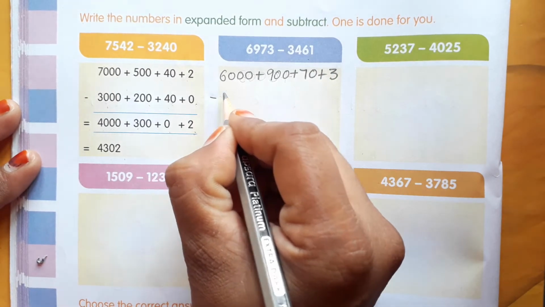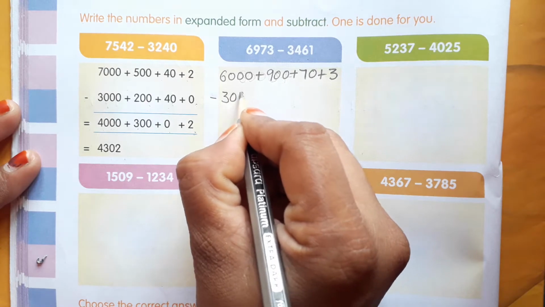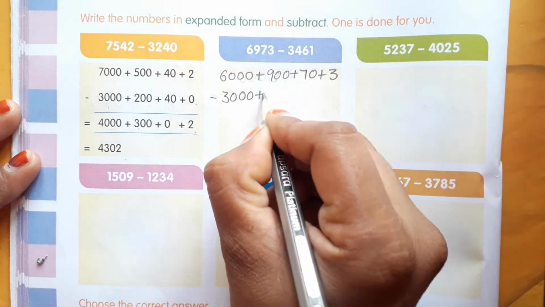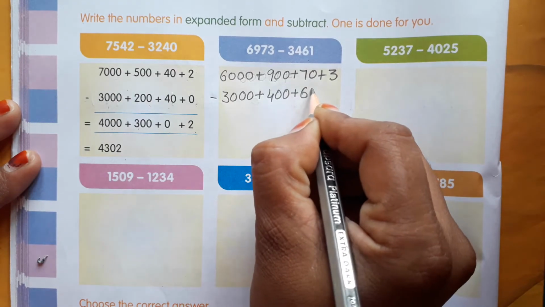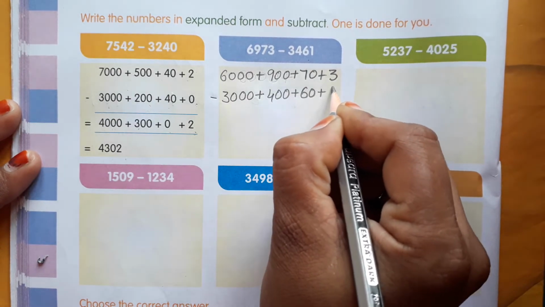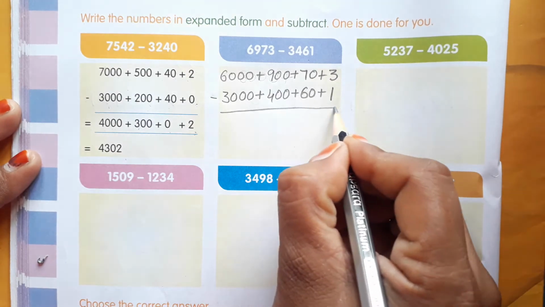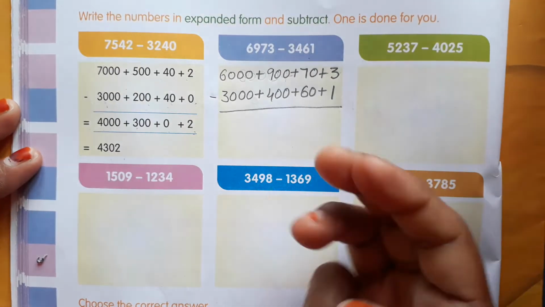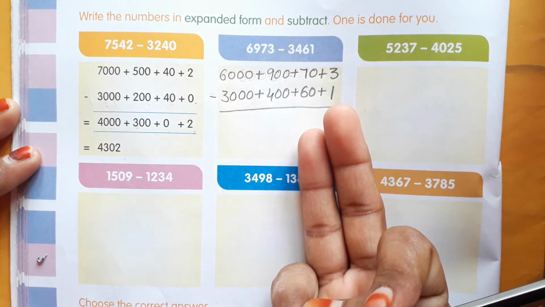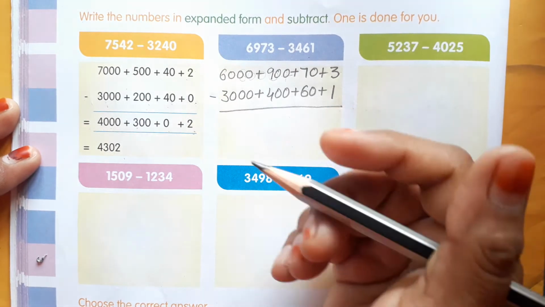Next minus 3000 plus 400 plus 60 plus 1. So subtract from the ones place. 3 minus 1. 3 minus 1 how much? 2.